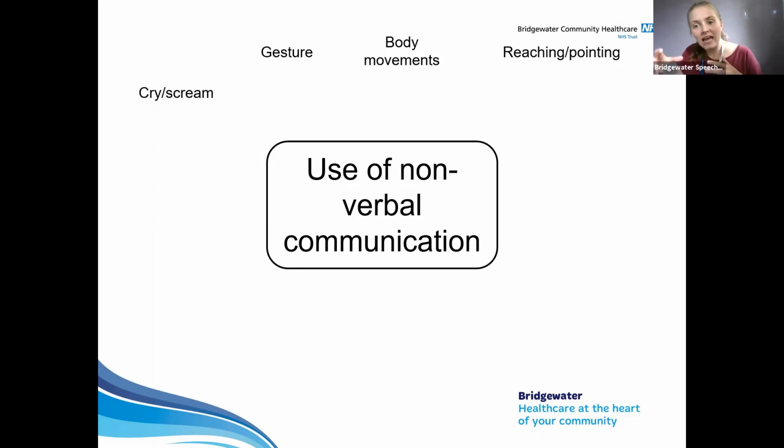Whereas when they get to this stage where they start to reach, that starts to move them forward to actually making an intentional request for something. It can start off as pre-intentional, as we call it, before they have direct communicative intent. They might just start to reach out for something that they can't get, and then an adult gives it to them, and then they learn this intentional communication: that if they reach and they make a noise, then the adult will give them what they want.